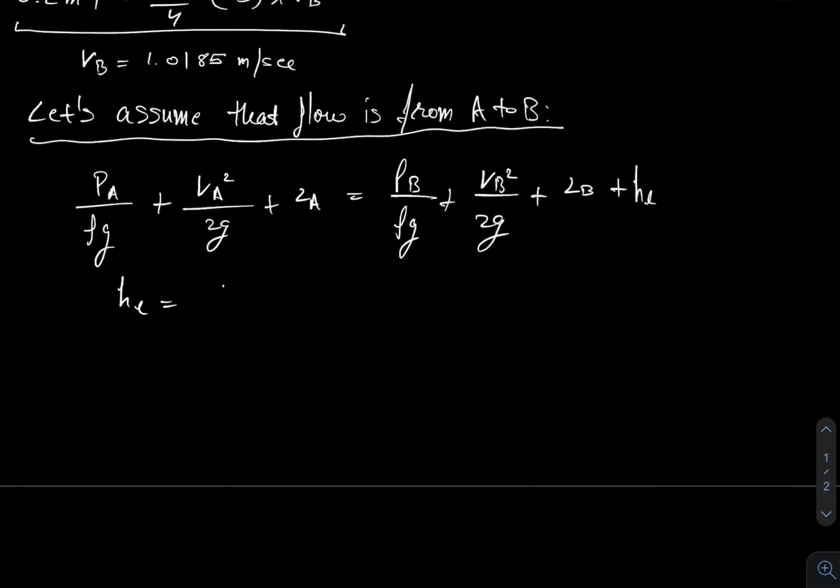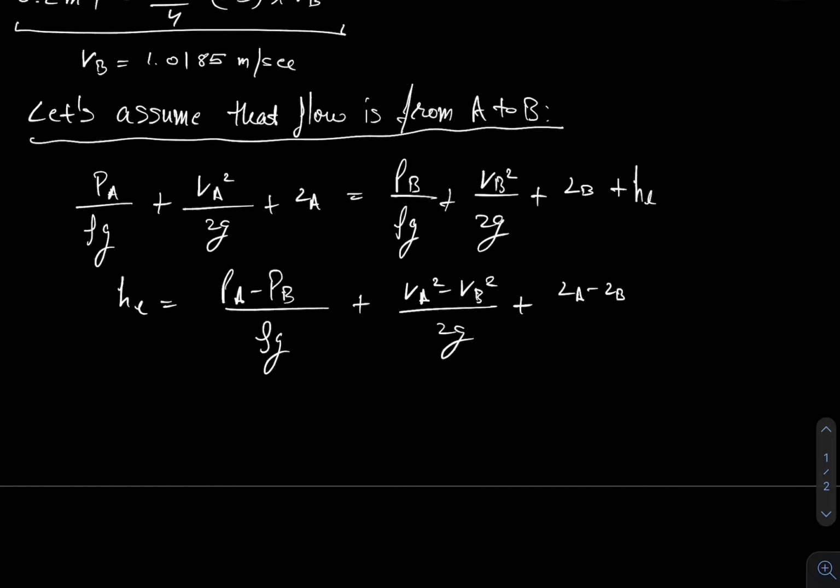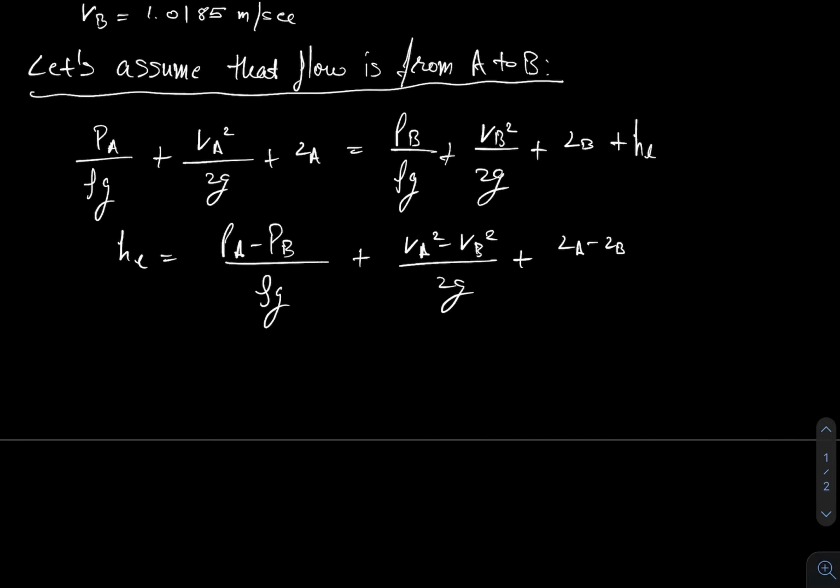Okay, so what will be the head loss due to friction? HL will be equal to PA minus PB upon rho g plus VA square minus VB square upon 2g plus ZA minus ZB. Okay, so now I will put the values here.